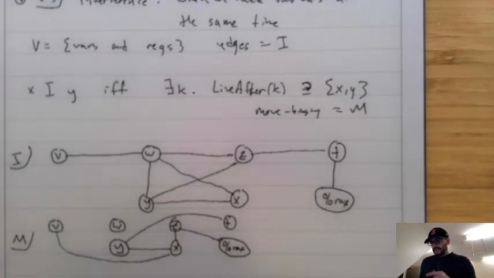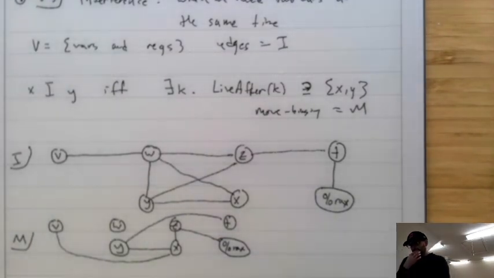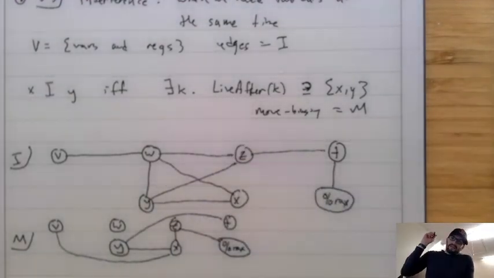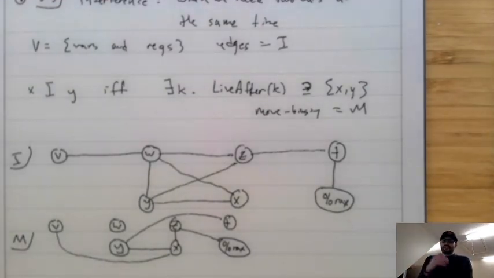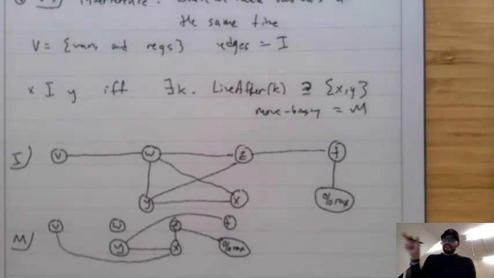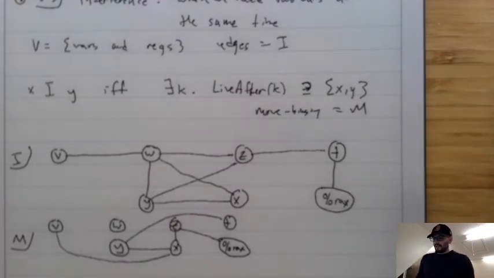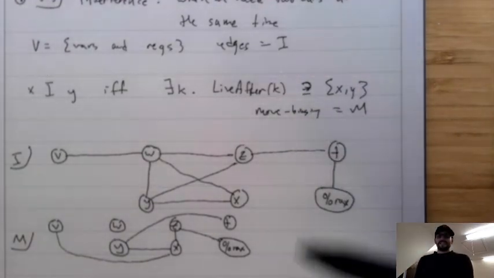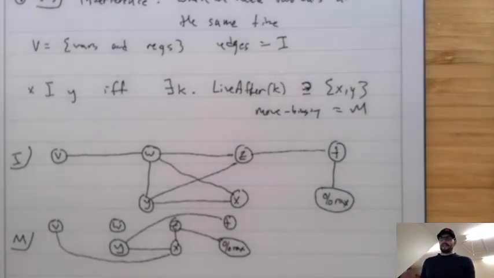Computing the interference graph, you can think of as a top-down algorithm, but actually you can also think of it as a bottom-up algorithm because it's a local algorithm. We look at every single instruction individually and then look at its live after set, and we use that to consider things that need to get added to I. So you can actually compute the I and the M while you're doing the live after, and you don't even need to save the live afters anywhere. You just have it be an intermediate part of your computation.